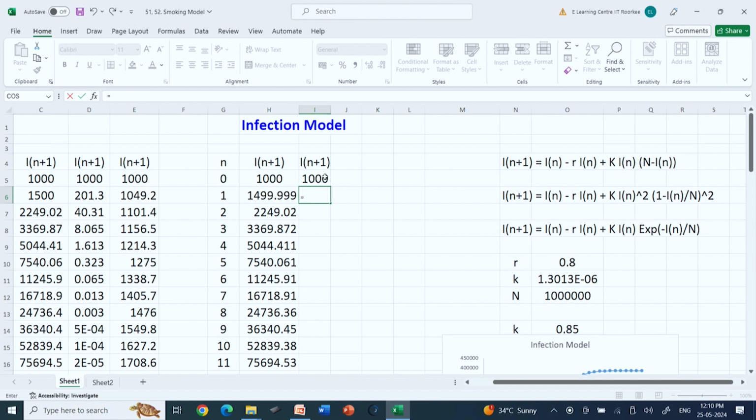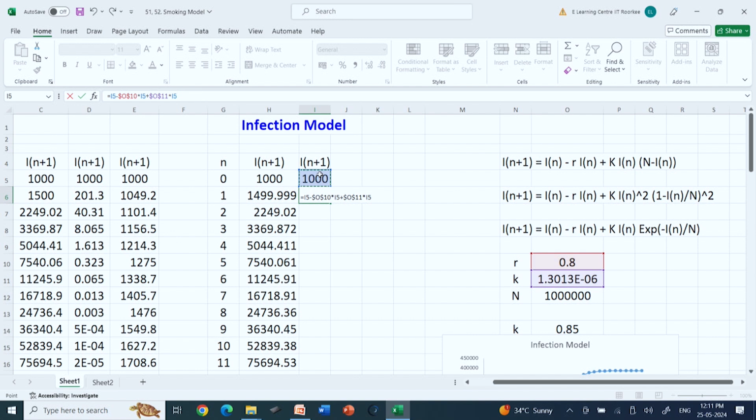So, this is equal to I n minus r, which is a constant, multiplied by I n plus k, again a constant, multiplied by I n square.